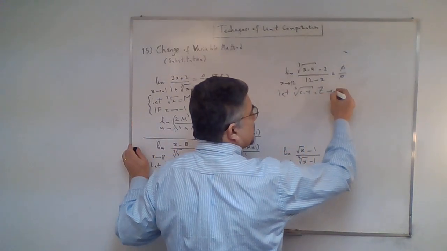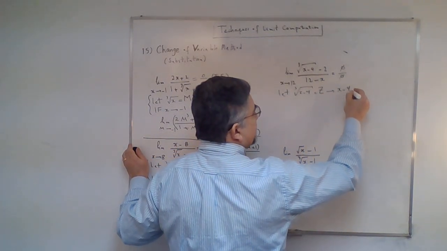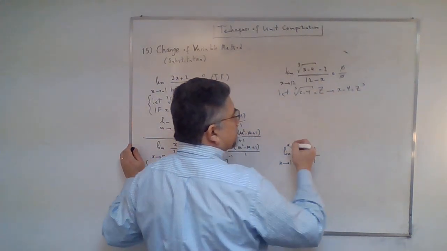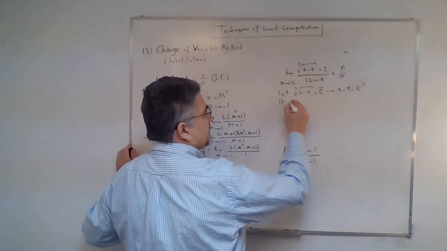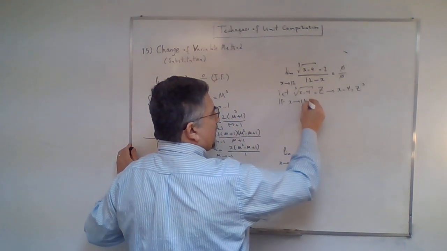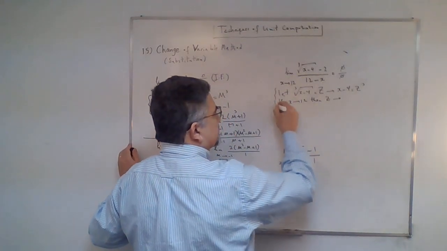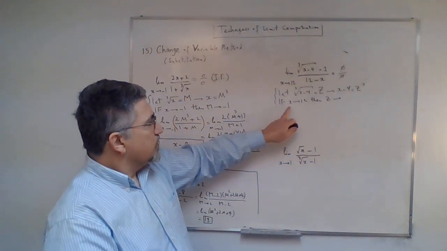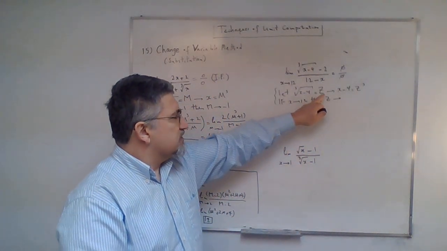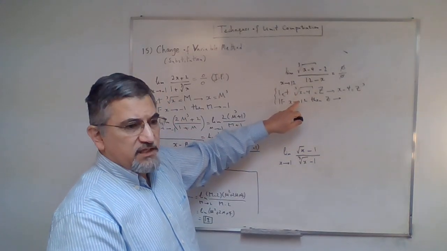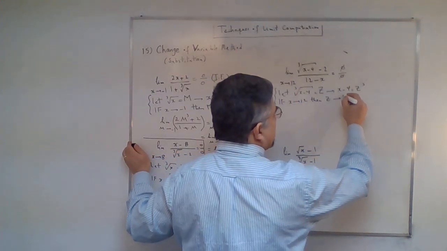So if you cube both sides, you get x minus 4 equals z cubed. And then you're going to say if x approaches 12, then z approaches what? You're going to find out. If x approaches 12, then z would approach cube root of 8, which is 2. All right?